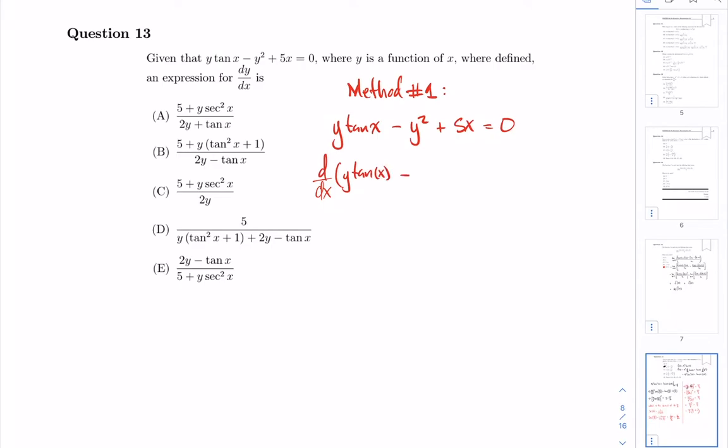So here we're performing term-wise differentiation. Recall that when we're doing implicit differentiation, we always want to multiply by dy dx whenever we differentiate a function of y.